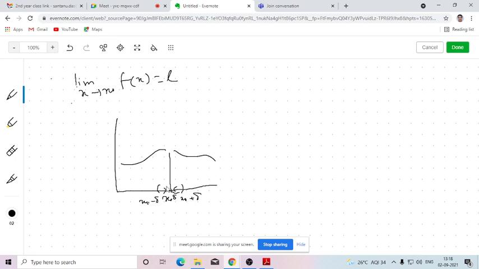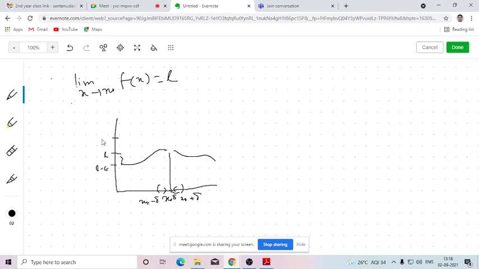Whenever the limit exists, as we approach from the left hand side of x0 towards x0, the functional value gradually approaches L from the left hand side. That means it lies between L minus epsilon and L plus epsilon, if this length is epsilon.